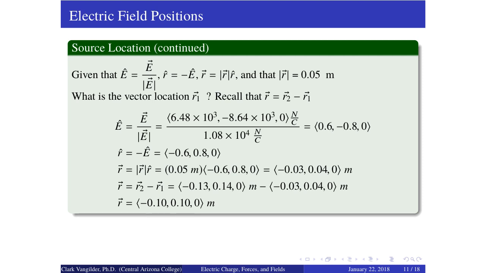So let's zero in on this first. The information that was on the last screen: E vector was this. That was given in the problem. The magnitude of E we calculated by Pythagorean's identity. That means the unit vector is just this simple x, y, z direction.